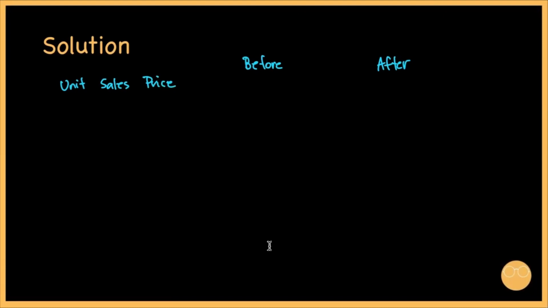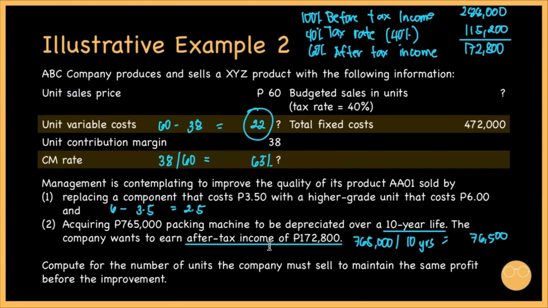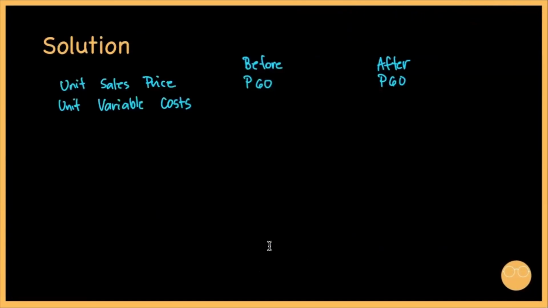Since there will be no movement for the unit sales price, we are going to retain 60 pesos. Next is our unit variable cost. A while ago, it was 22 pesos per unit, but there will be an increase of 2.5 pesos per unit. So we will write here 22 pesos, then 22 plus 2.5, so that will be 24.5.